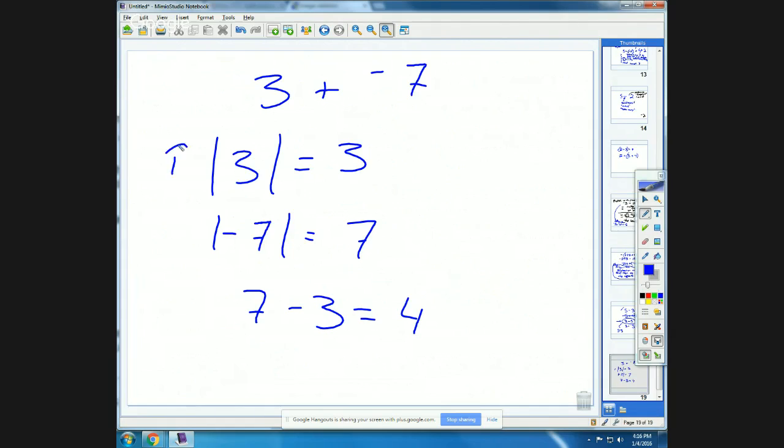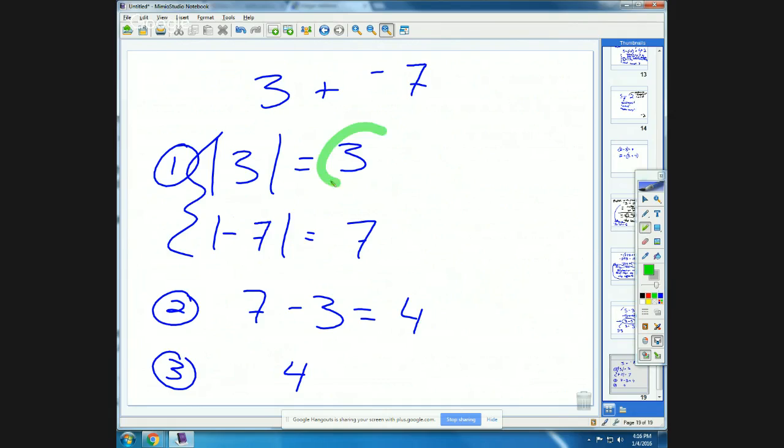So again, this is step 1. Right there, this is step 2. Step 3 says the 4 gets the sign of the number with the biggest absolute value. While the absolute values are here and here. Which one has the bigger absolute value? The 7 is the bigger absolute value, so the answer gets what sign? A negative sign.